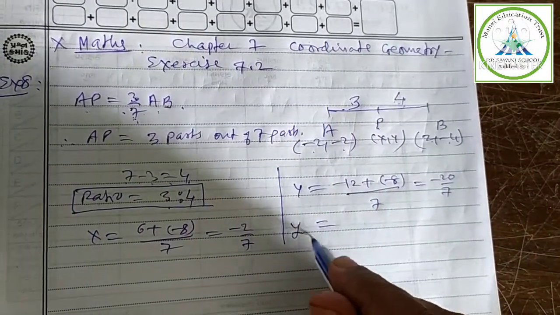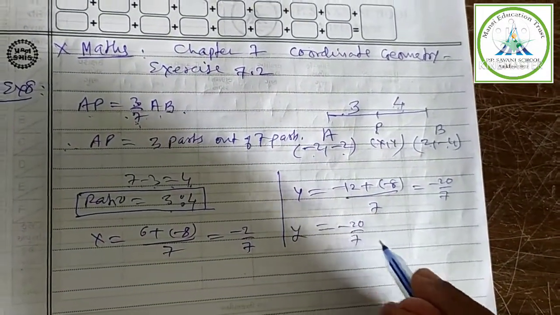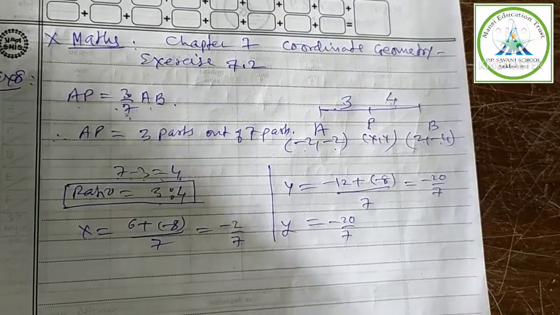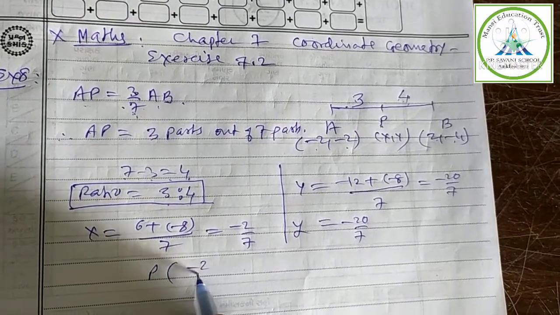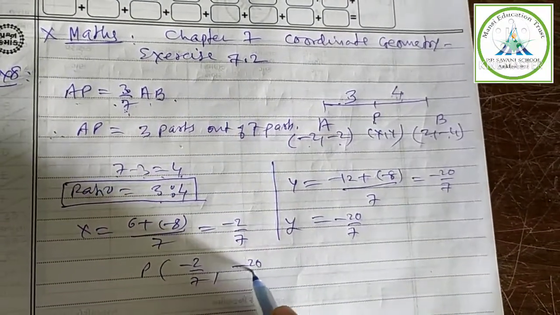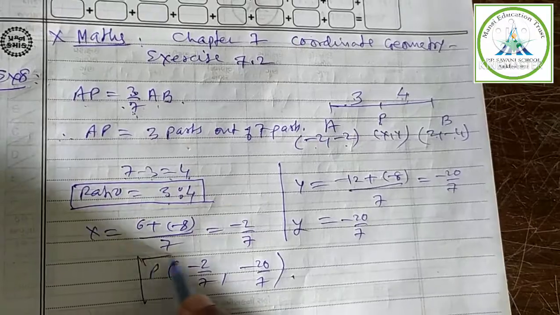So you got y equal to -20/7. Clear, students? So remember this. We can write P as (-2/7, -20/7).